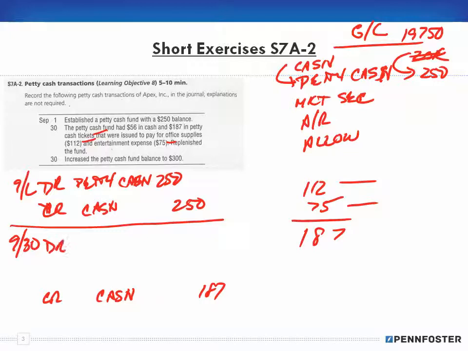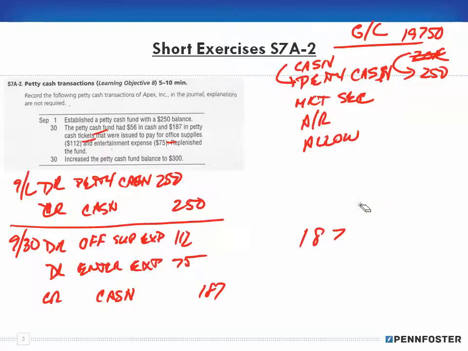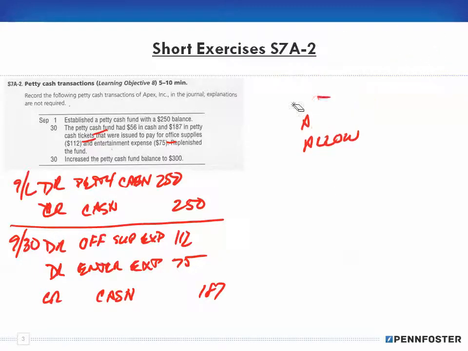We'll debit office supply expense for 112, and we'll debit entertainment expense for 75. So that would be the journal entry. Now remember, if you're watching the theory videos, what you're going to do is write a check.